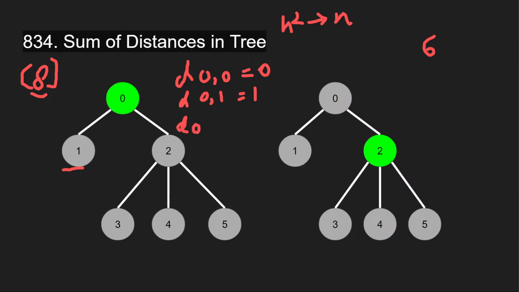The distance from 0 to 2 is going to be 1. The distance from 0 to node 3 is going to be 2. Similarly, the distance from 0 to node 4 is 2, and from node 0 to node 5 is 2. We sum up all those values, 1 plus 1 plus 2 plus 2 plus 2, so it's going to be 8. This is going to be a DFS.